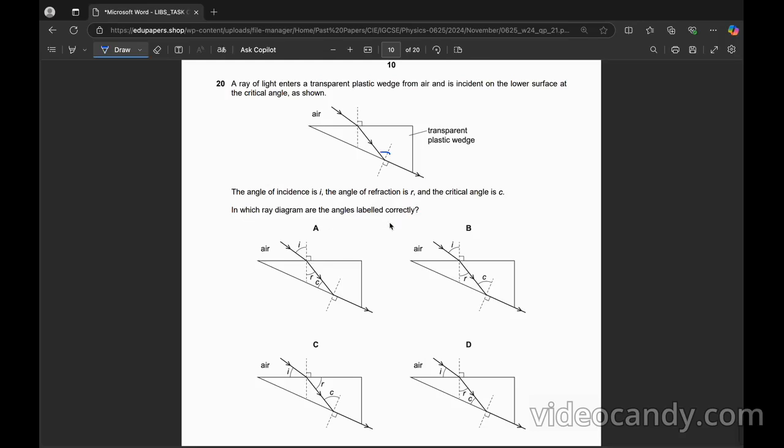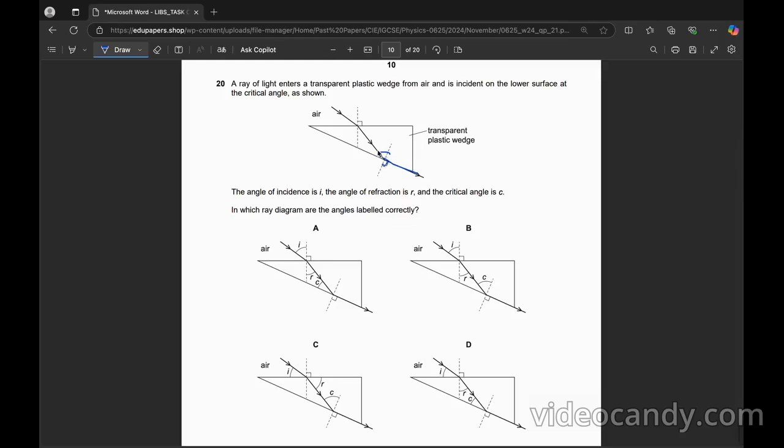Well, I'll just mention one of the answers. By definition, the critical angle is the minimal angle of incidence beyond which total internal reflection happens. So basically, at the critical angle, you would get the refracted ray traveling along the boundary at 90 degrees here.